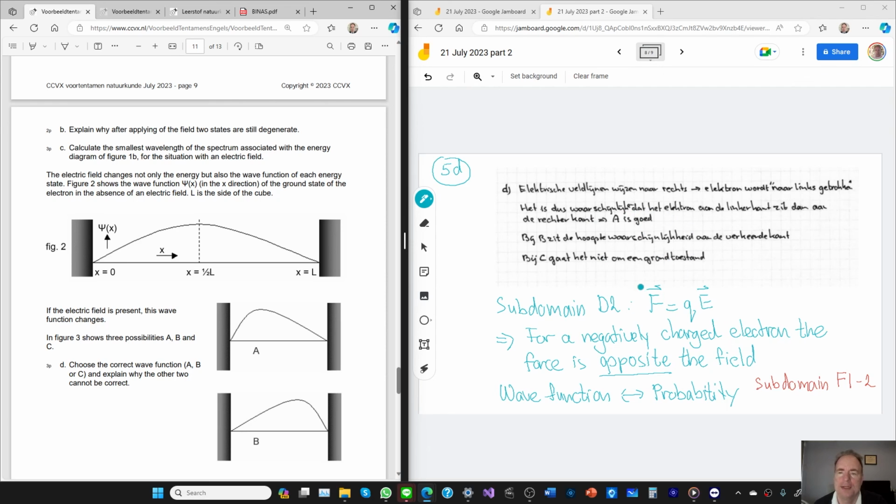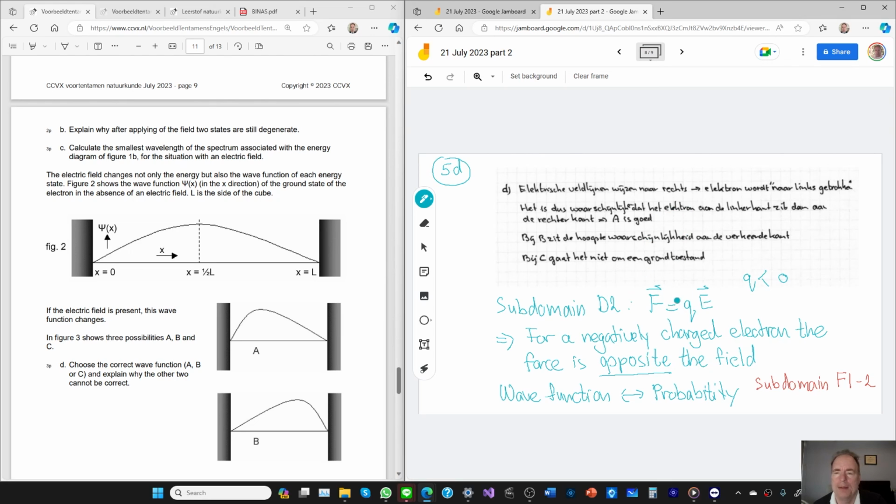One thing that many people do wrong is they forget that the force on an electron is in the opposite direction of the electric field. This relation you find in subdomain 2: the force is Q times E. So if the charge is less than 0, it points opposite.